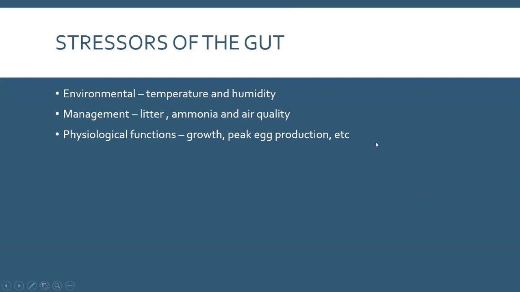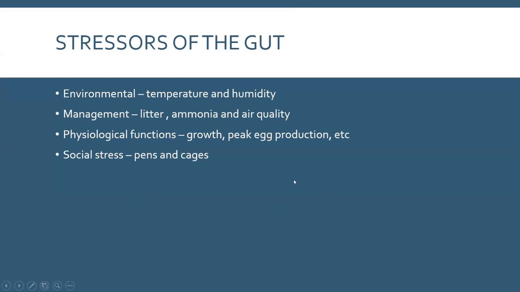And when layers have high egg production rate, or when they're at peak production, it's one of the physiological stressors of the gut. So there we would see a lot of changes in the microbiome, the composition, of course, and the balance of the pathogenic and good microorganisms.